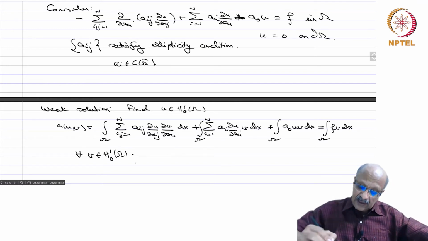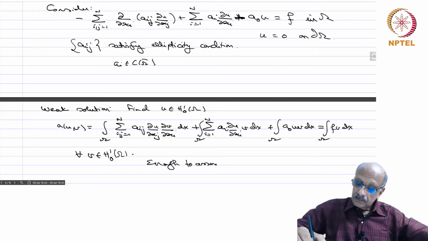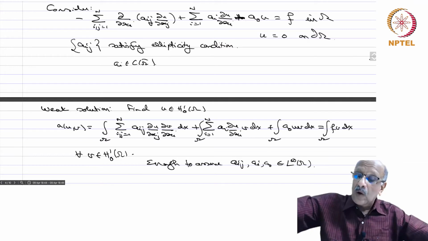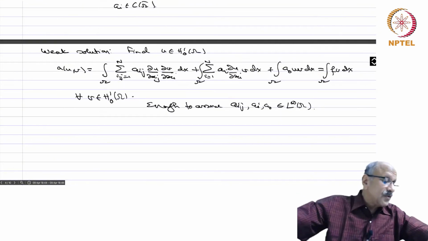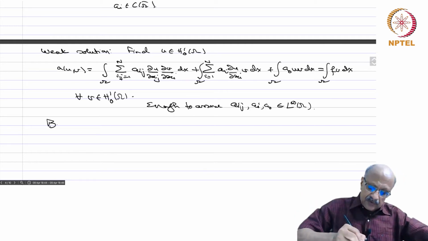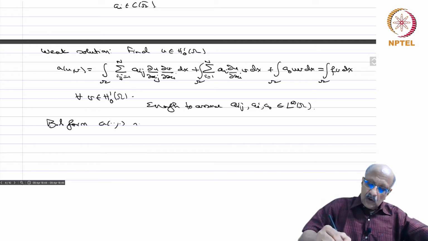And in this case again it is enough to assume aij, ai, a naught are all in L infinity of omega. Then this makes sense, and therefore we can talk of weak solutions of this differential operator. Now the bilinear form is not symmetric in general.